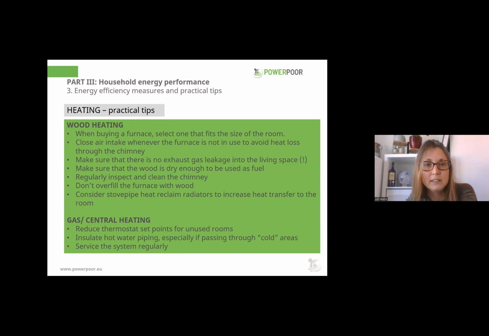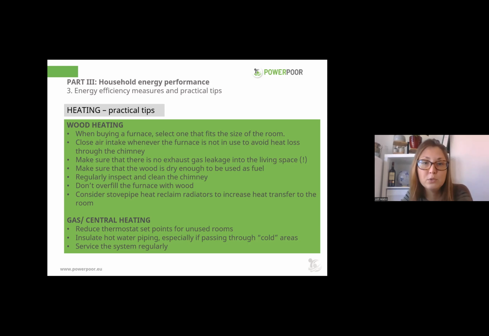So in terms of heating, some practical tips. Some of you might know, some of you might not know. When you're looking at a furnace, you should choose one that fits the size of your room, and you should also check the air intake and check that it is actually closed, so you avoid heat loss through the chimney.